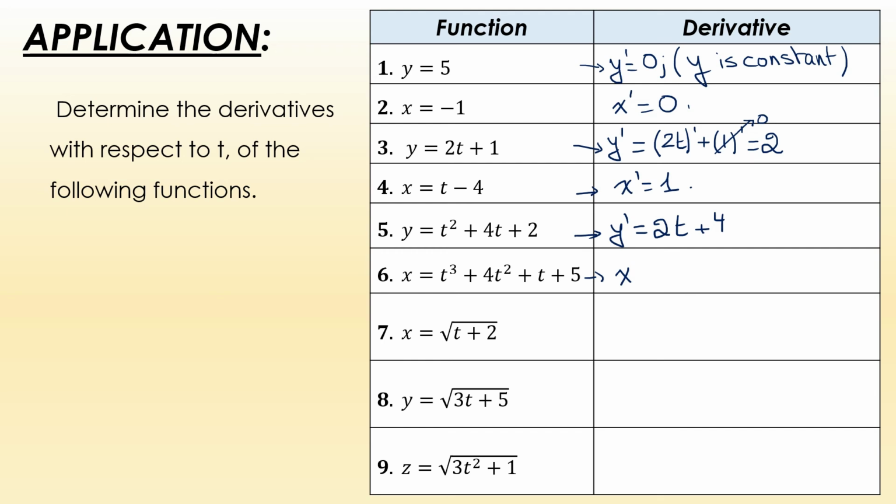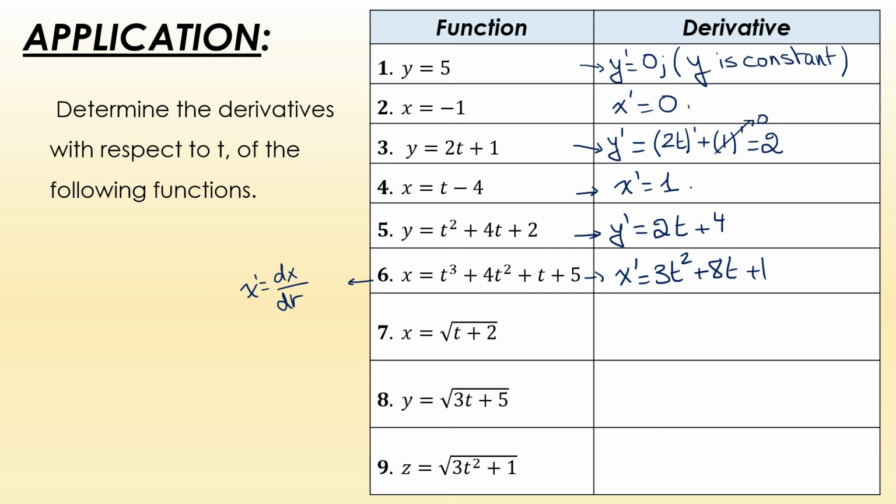To derive this sum, we add the derivatives of each part. So x prime becomes 3t squared plus 8t plus 1 plus 0. Once again, the variable here is t. So when I derived x, it's not 1 because it's dx by dt. So when we say here x prime, it is simply dx by dt.